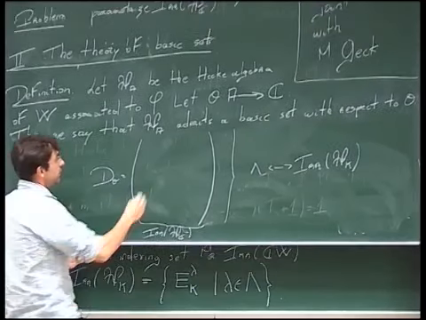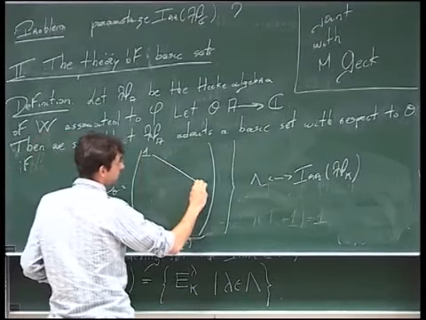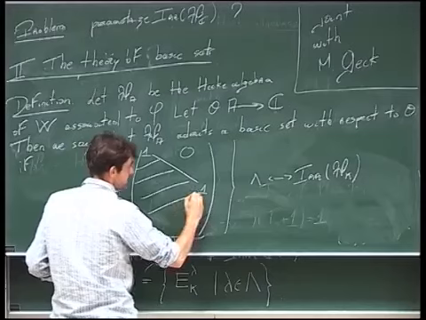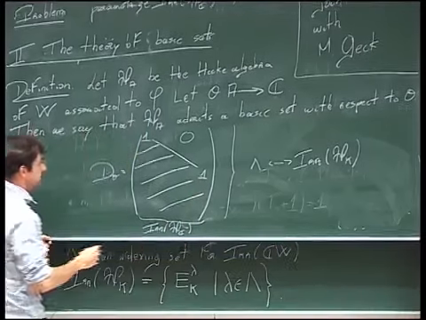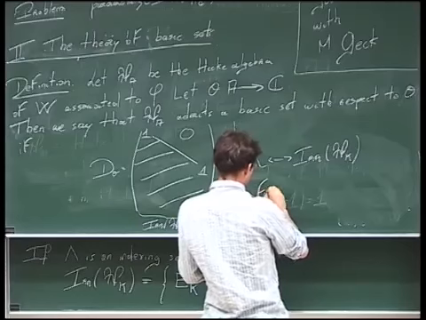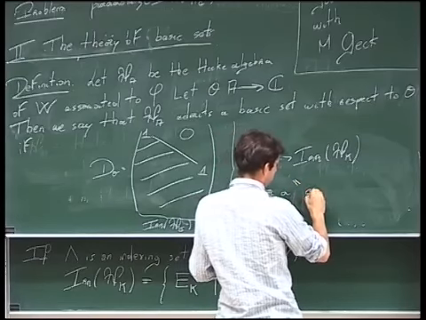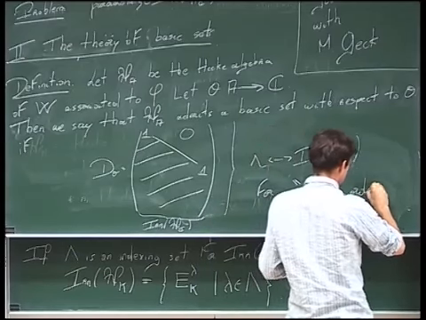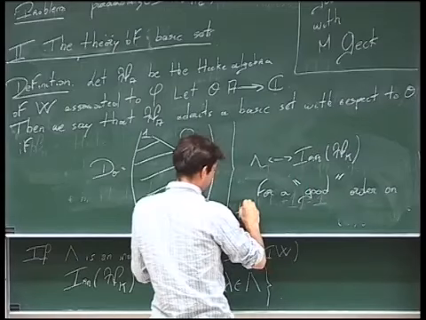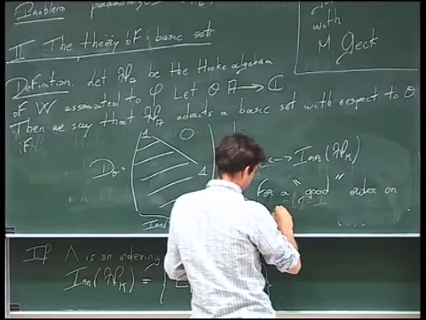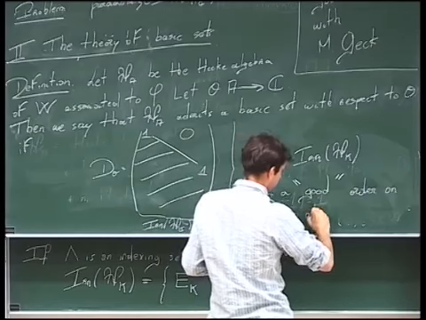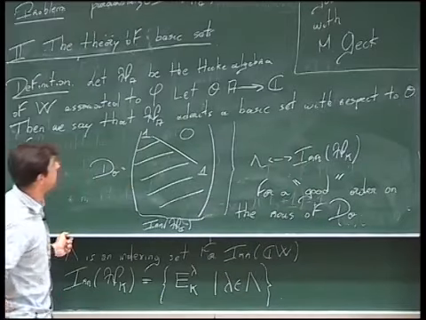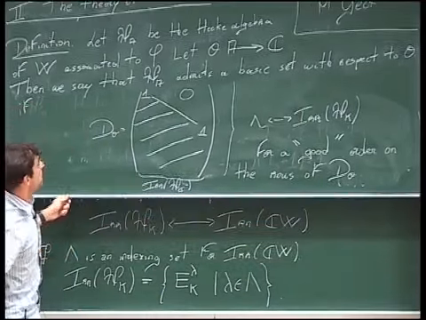We say that we have a basic set if the decomposition matrix has the following form, for a good order on the rows of theta.